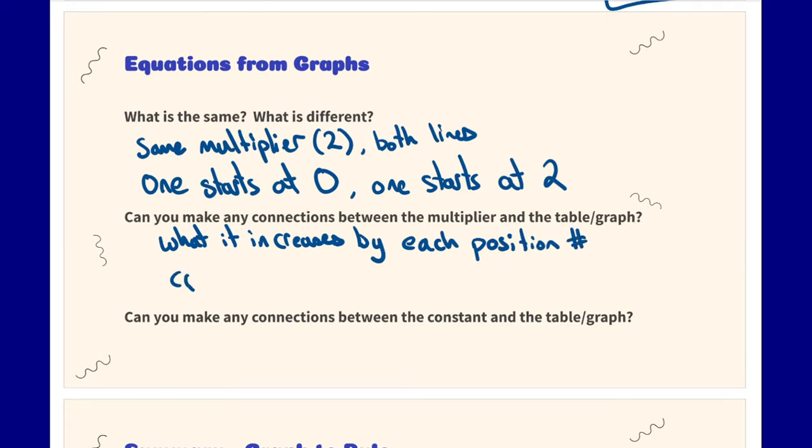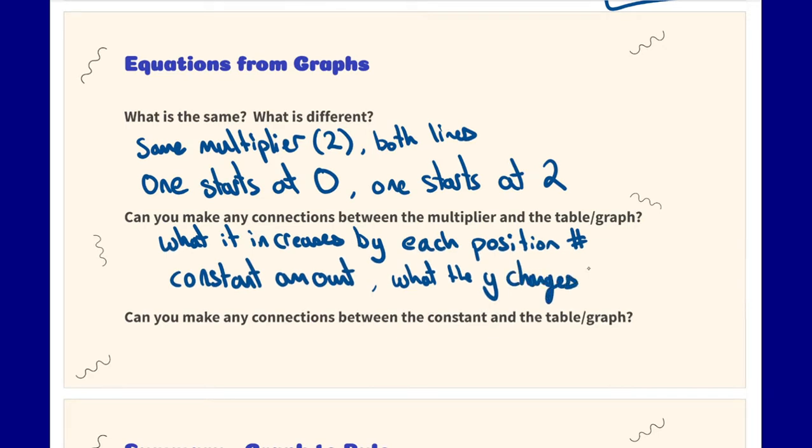You can talk about how it's a constant amount. You talk about what the y changes by, for every one x value, or for every one x.